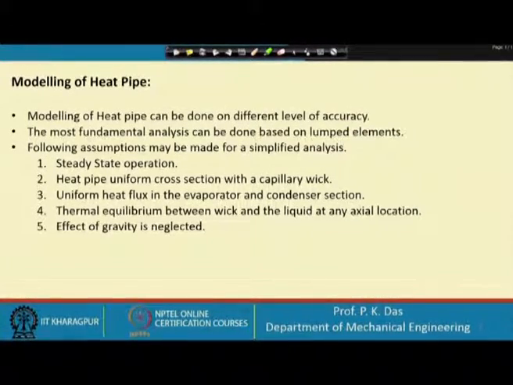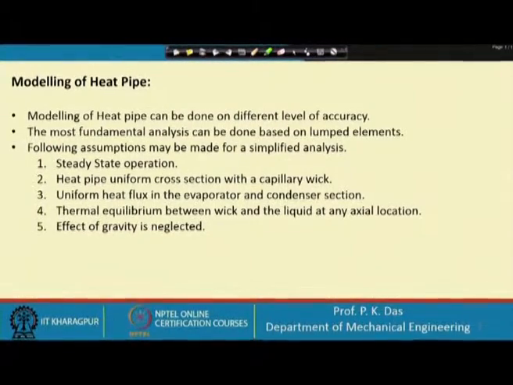Considering a fully three-dimensional model, with all the complexities of fluid flow, heat transfer, phase change etcetera, one can take care of taking into consideration all the geometric details. That can be done. That may be very elaborate, but that is not impossible.